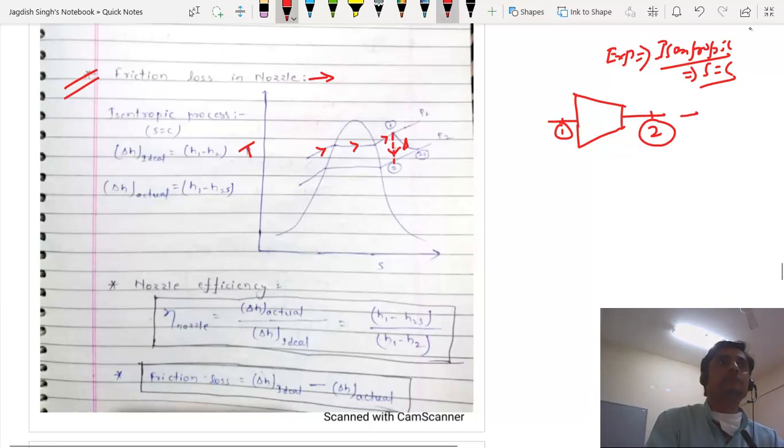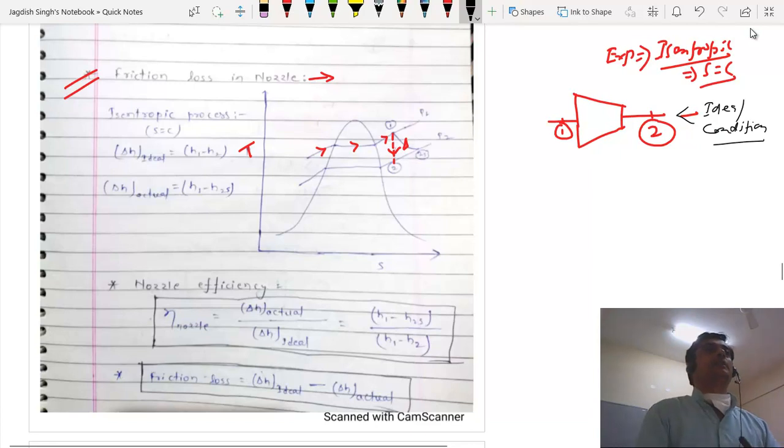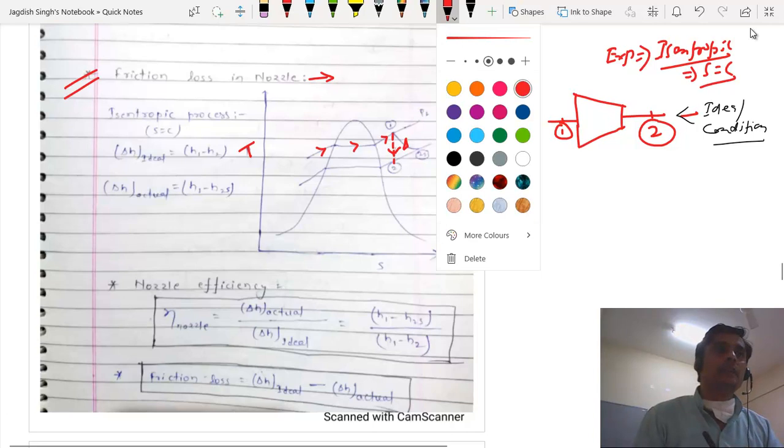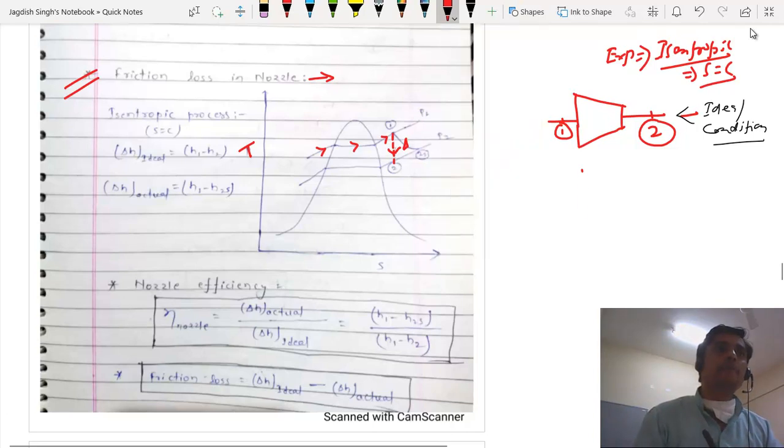This is the ideal condition. But in actual condition, instead of 2, this is 1, this is 2s, right?